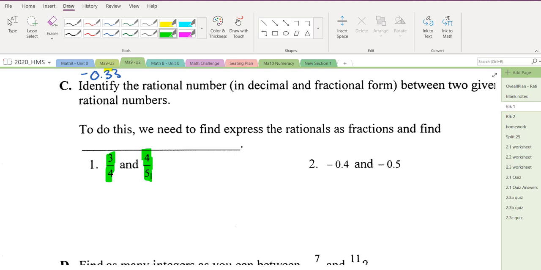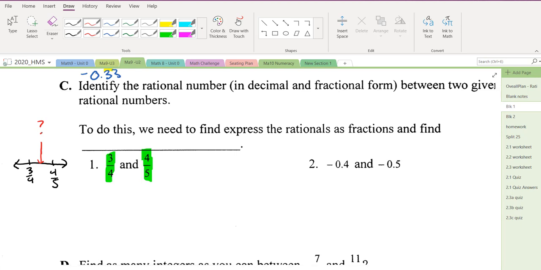So if we were to plot these numbers on a number line, let's grab a pen here, and we had 3/4 here and 4/5 here, what fraction would be here?